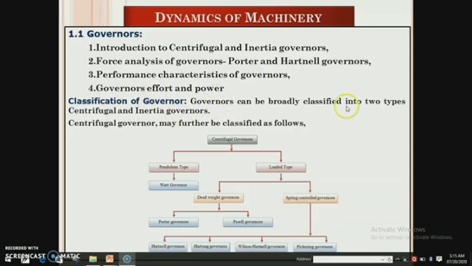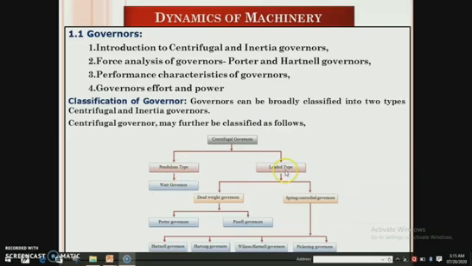Governors can be broadly classified into two types. First one centrifugal and second one inertia governors. Centrifugal governor may further be classified as pendulum type and loaded type. The pendulum type is further classified as Watt governor.